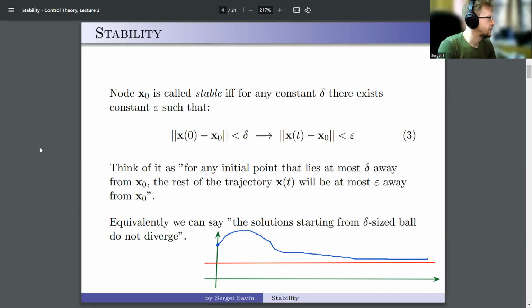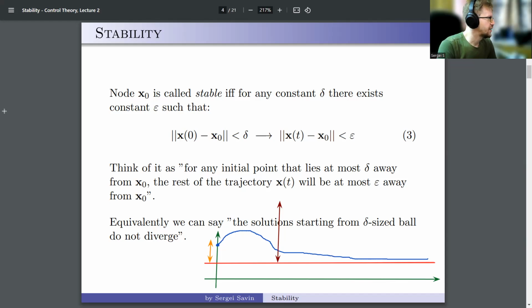In this case, you can say, let the delta be this distance, slightly bigger than the initial condition. If you can prove that for such a delta you would have all solutions within, let's say, epsilon distance, which I show in maroon now, from the node, then you proved stability, right?